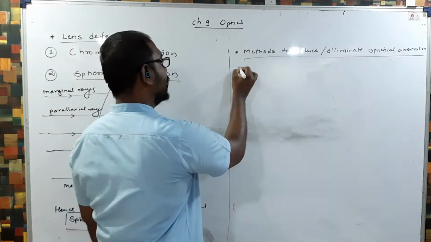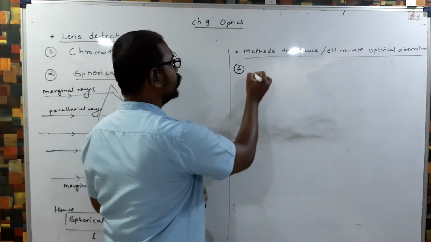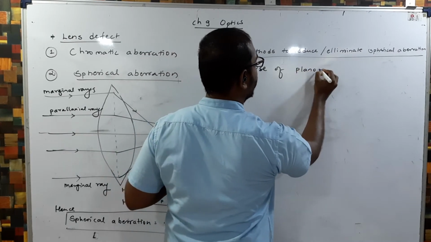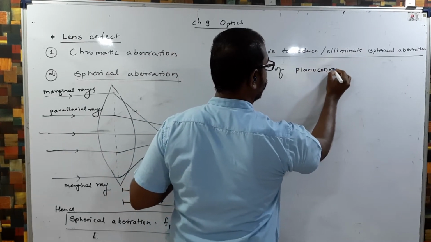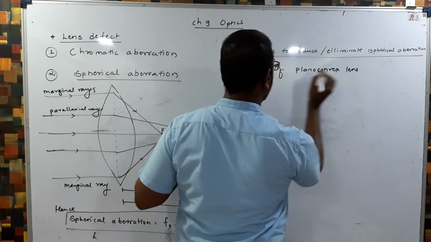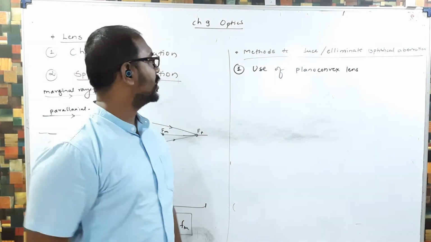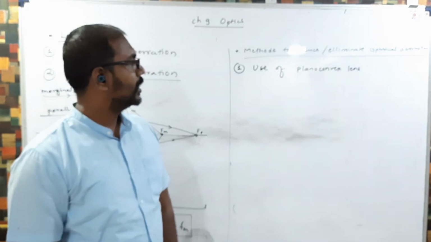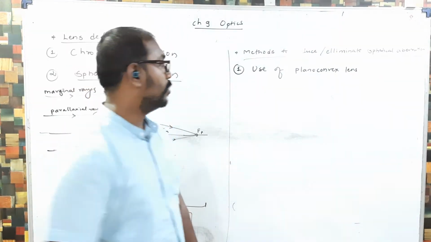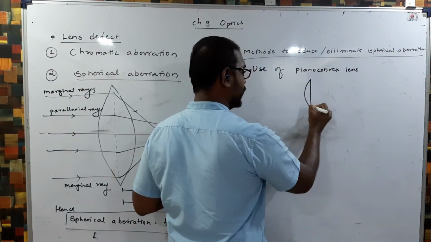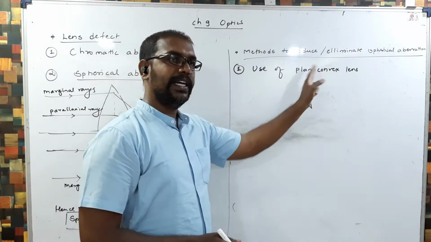The first, simplest and cheapest method to minimize spherical aberration is to use a plano-convex lens, with one side plane and one side convex.